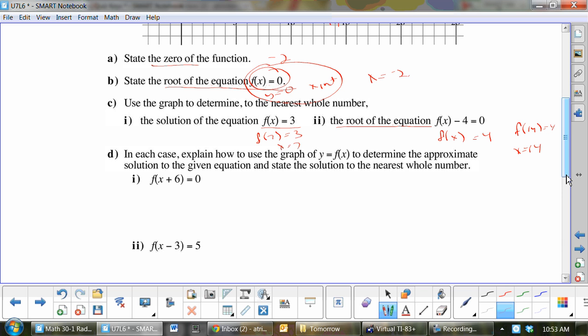Now, what would be your answer to this? F of x plus 6 equals 0. Let's see as a class if we can figure it out, let alone sitting in diploma all by yourself.